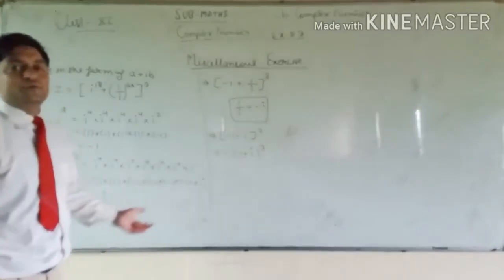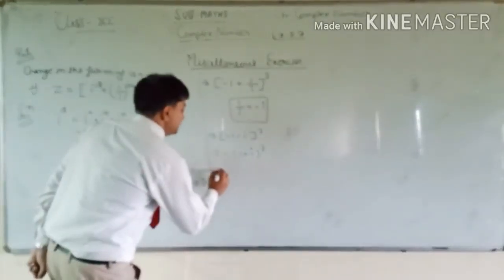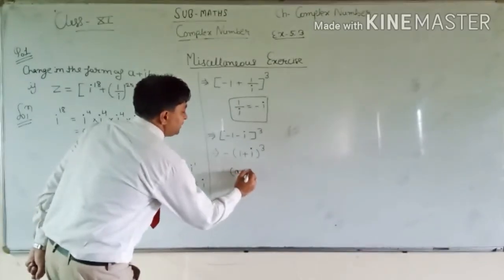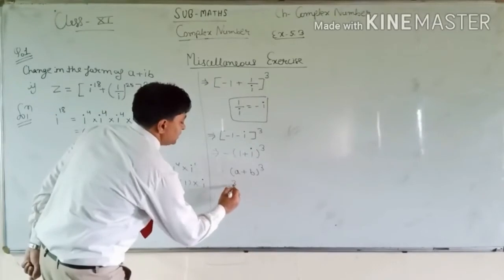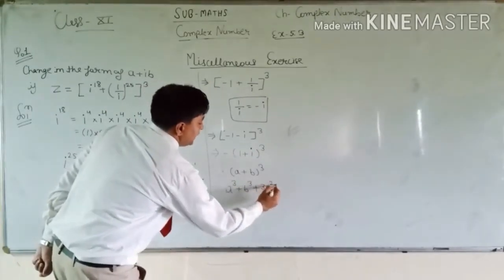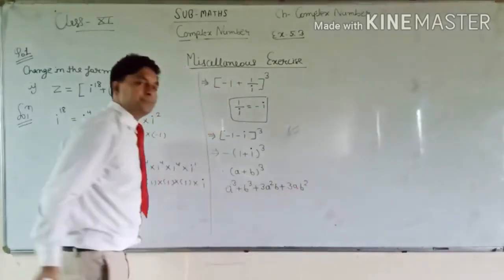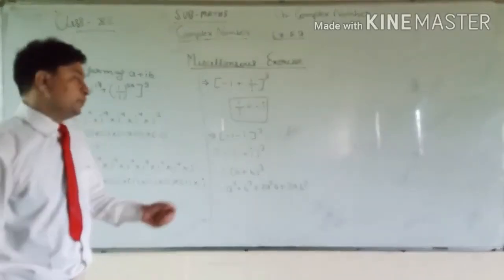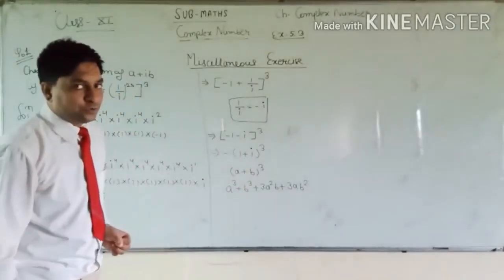This is the formula of a plus b whole cube. We know that a plus b whole cube is a cube plus b cube plus 3 a square b plus 3 a b square. Now we put the value a equal to 1 and b equal to iota.